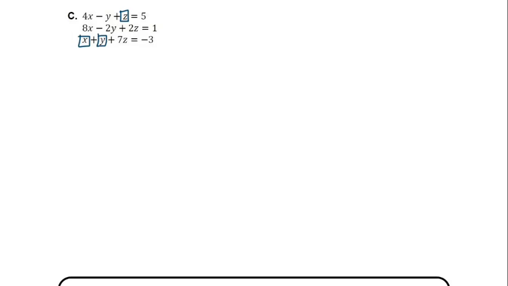All right. So just for the fun of it, let's solve for z up here. Okay? So step 1. We've got 4x minus y plus z equals 5. And I'm basically going to move those other two to the other side. So z equals negative 4x plus y plus 5.